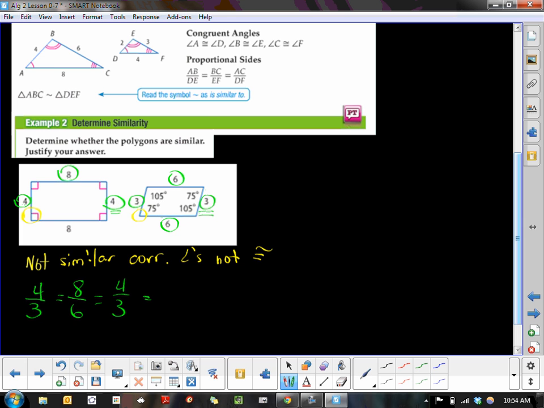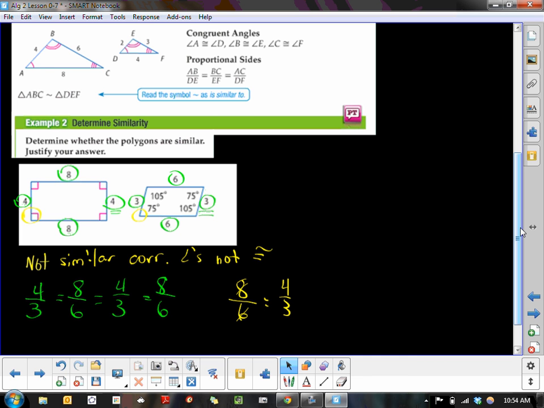And then our 6:8, but I have to make sure I go in the same order, 8:6, because I went from the large one to the small one each time. An 8:6 ratio reduces down to a 4:3 if we divide both of them by 2.